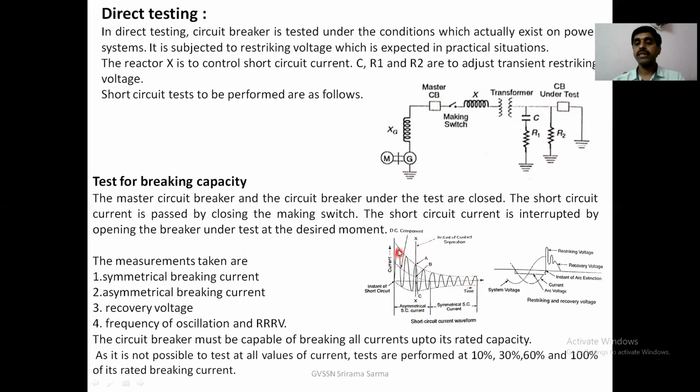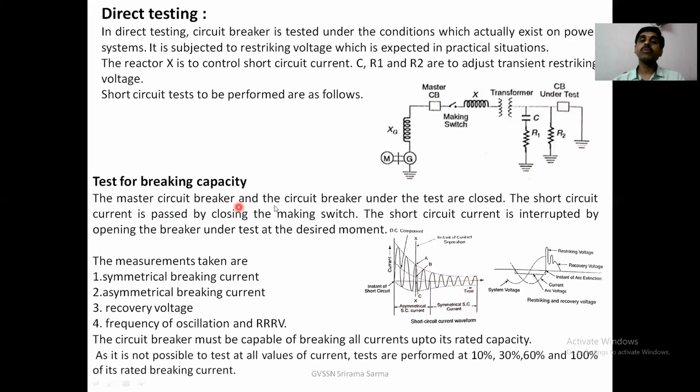We can see this is the making current, this is the asymmetrical breaking current, which has both AC and DC currents, and this is the symmetrical short circuit current, which is symmetrical about this axis, that means power frequency voltage. So here we have seen symmetrical and asymmetrical breaking capacities.